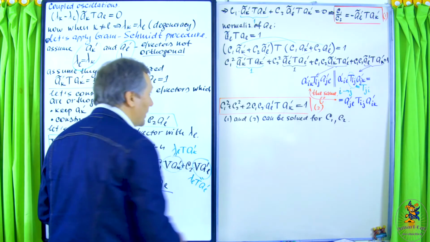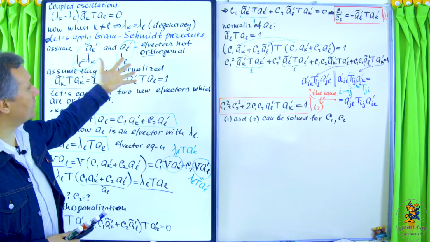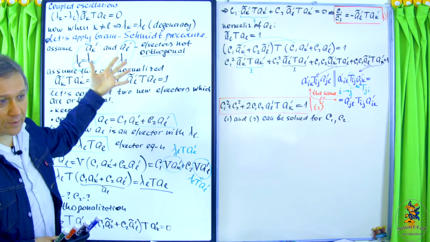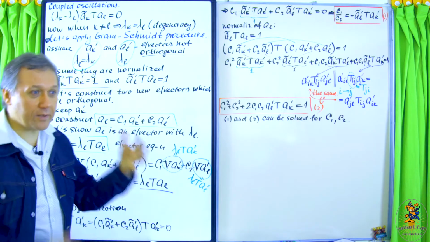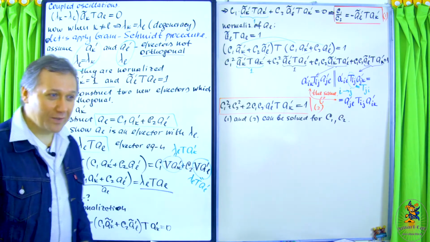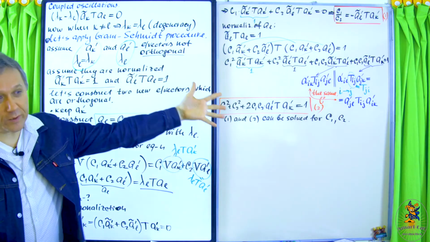So that's how you can handle a case when there's a degeneracy and you cannot guarantee that your eigenvectors are orthogonal to each other. In that case, you have to adjust your eigenvectors and introduce, instead of these, 2 new eigenvectors.